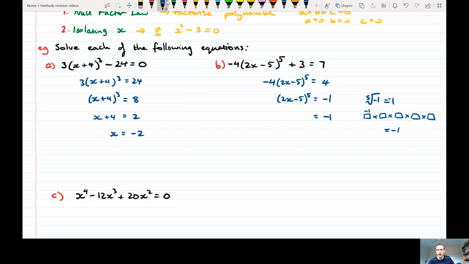Well, if I have -1 in each of the first two, that gives you +1, -1, +1, -1. So you can actually have negative values under a root sign for odd powers. So you get 2x minus 5 there, and then we solve. So we add 5 across, divide by 2, and we get our result. Hopefully that's fairly straightforward.